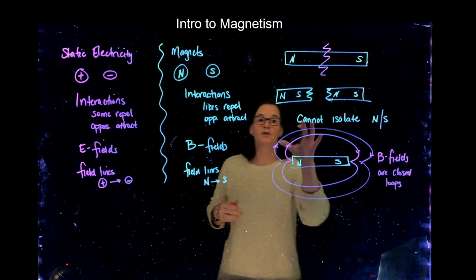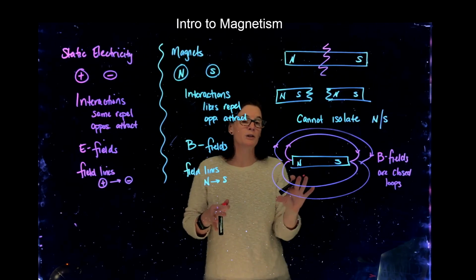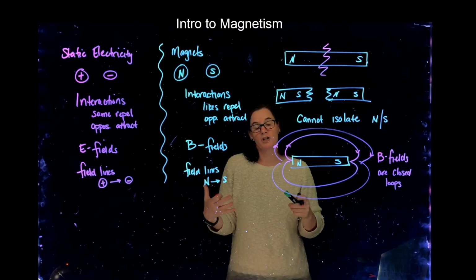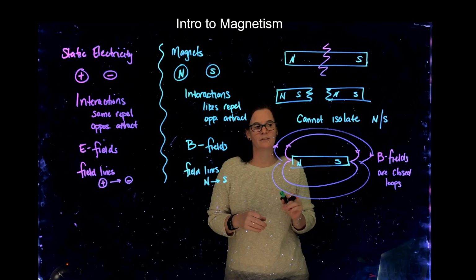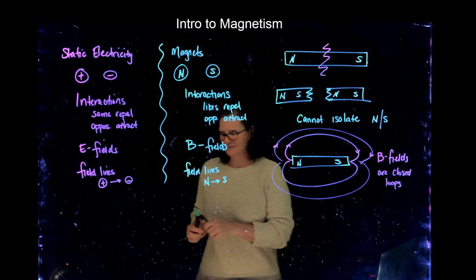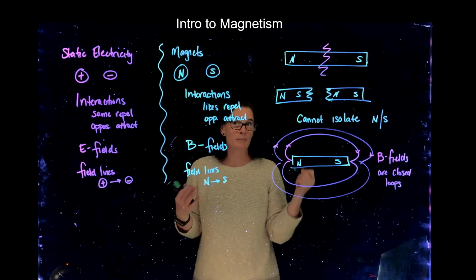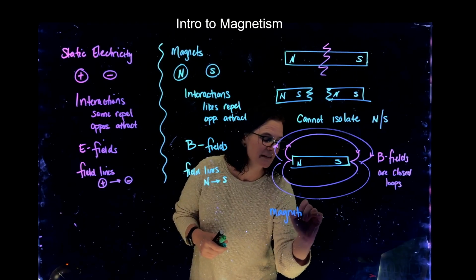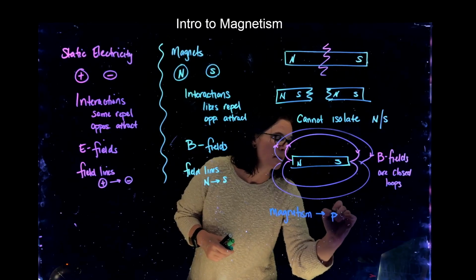Now, even if I have 2 interacting magnets, the field lines do interact, but they're always in closed loops. Unlike, remember when we drew field lines from a charged particle, and they could go out into infinity. So field lines are closed loops. Another cool property of magnets is that the magnetism itself is a property of the material.